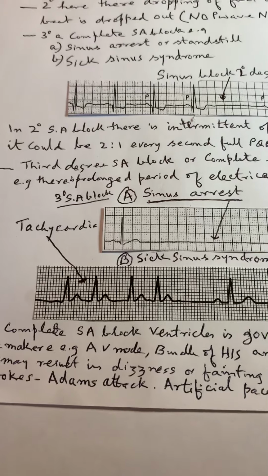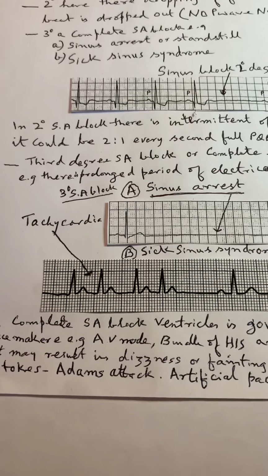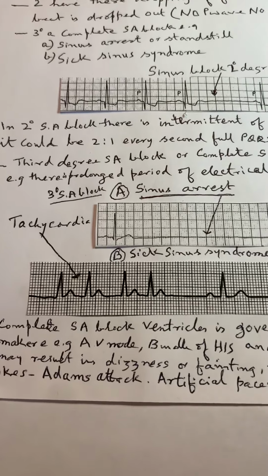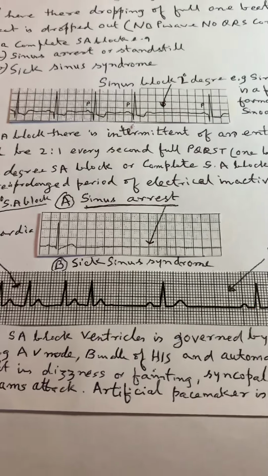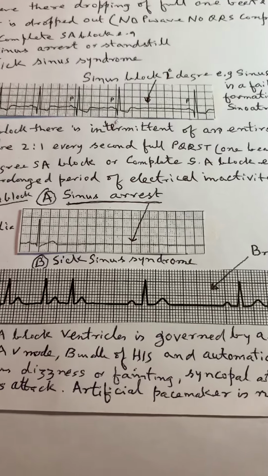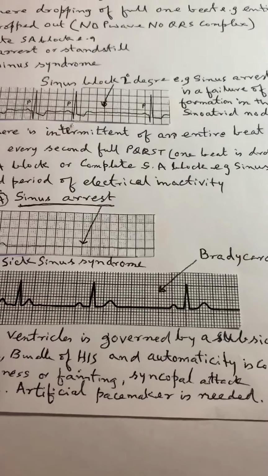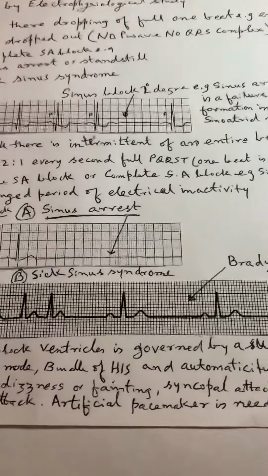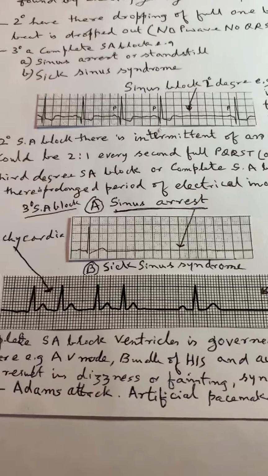A Stokes-Adams attack we see quite often with AV block, but here also you can see it. An important point to remember is that in such a patient, the sooner the better, an artificial pacemaker should be applied to save life. So these are the conditions which result in SA block.